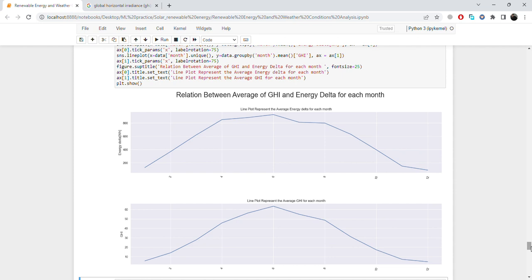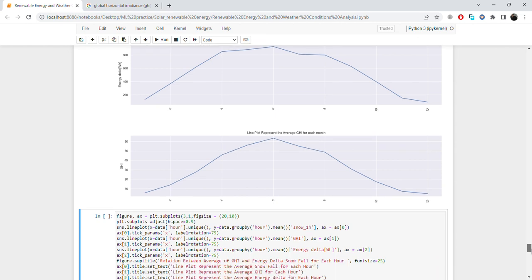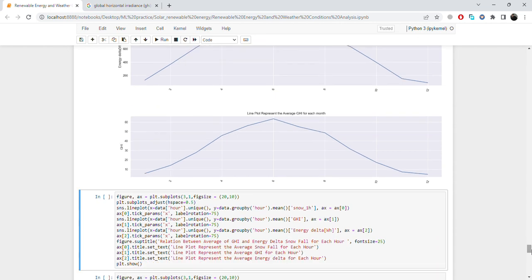Now we need to find the environment effect. We will now engage the environment effect. So now we'll bring back snow. As we already know, if we need more energy at a particular time, and we have more GHI at the same time, and if we have more snow at the same time, then our solar panels will be covered with snow, and our energy production rate will decrease, maybe be nullified or even zero.